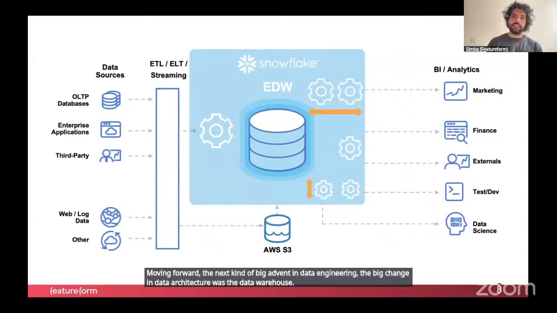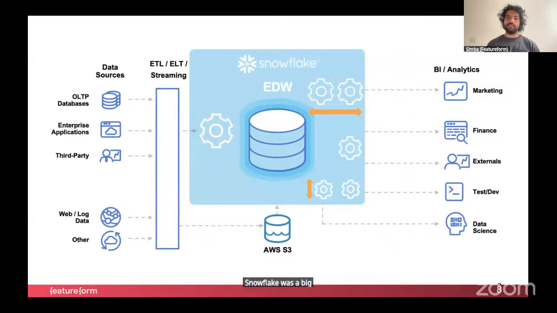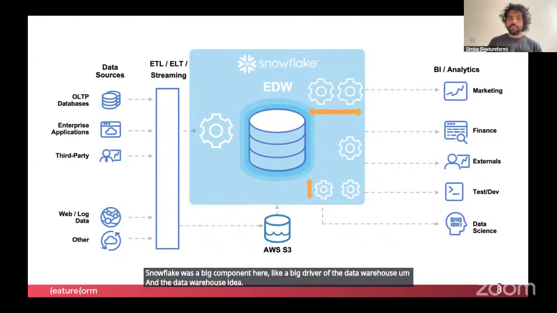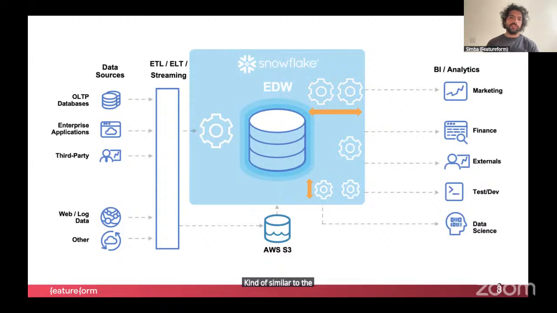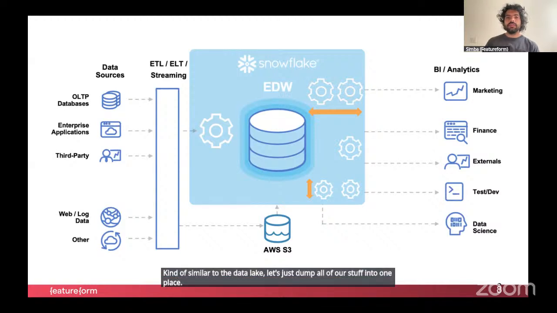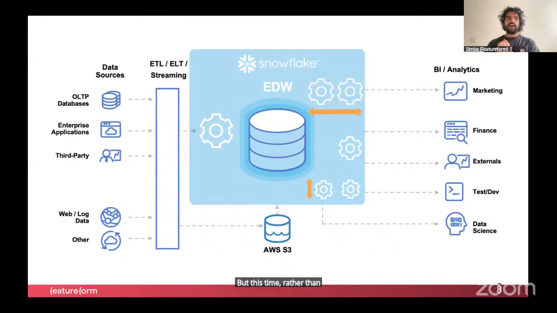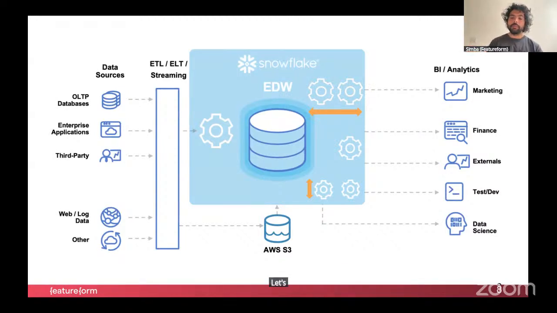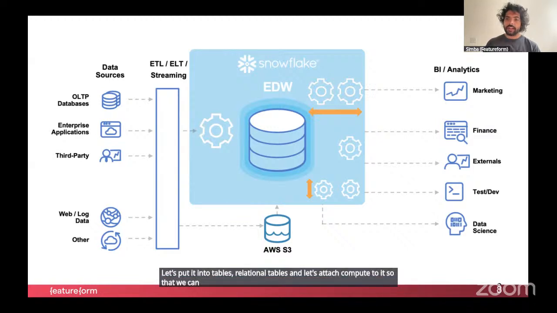Snowflake was a big driver of the data warehouse. And the data warehouse idea, kind of similar to the data lake, was let's just dump all of our stuff into one place. But this time, rather than it being almost like a file system, let's put it into relational tables, and let's attach compute to it so that we can just query these tables directly.